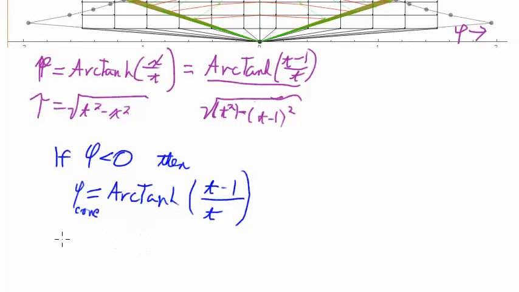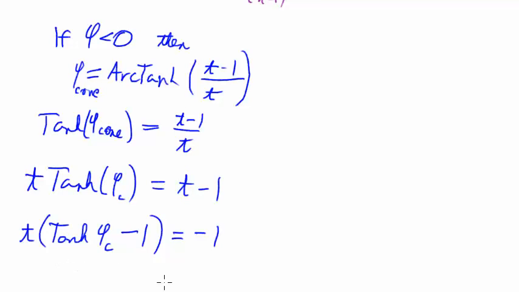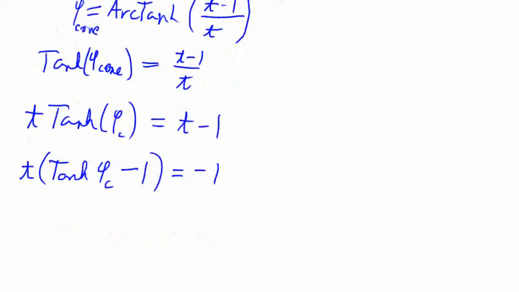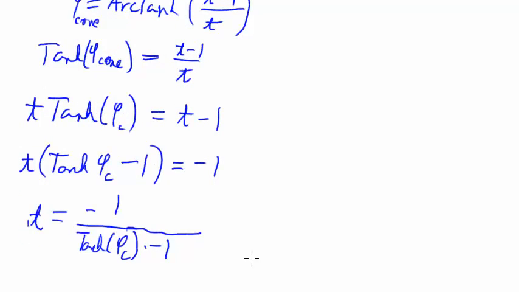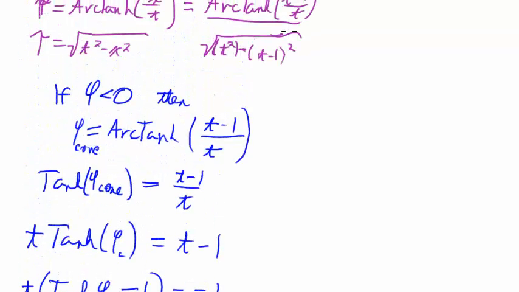So that means tangent of the phi of the cone is going to be t minus 1 over t. Then we'll multiply by t, and then we'll subtract t, and then we'll divide by hyperbolic tangent of the phi of the cone minus 1. Now, we want a t minus 1.